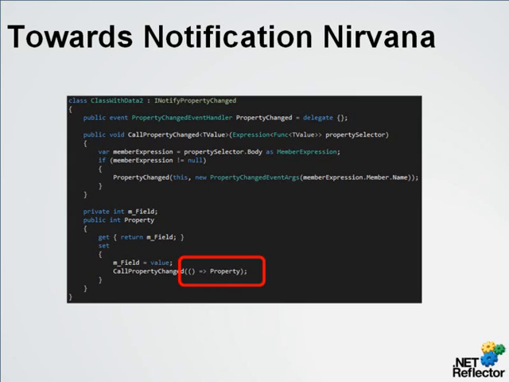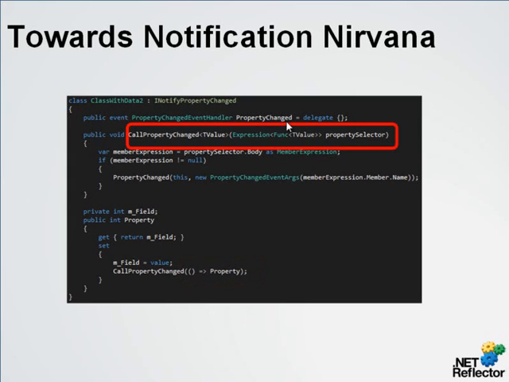By defining the call property changed event in the right way to take an expression tree as its argument, you can actually get the compiler to give you the code of the lambda expression rather than something that actually represents the compiled lambda expression. This allows you then to destructure it and find your way to the actual property.